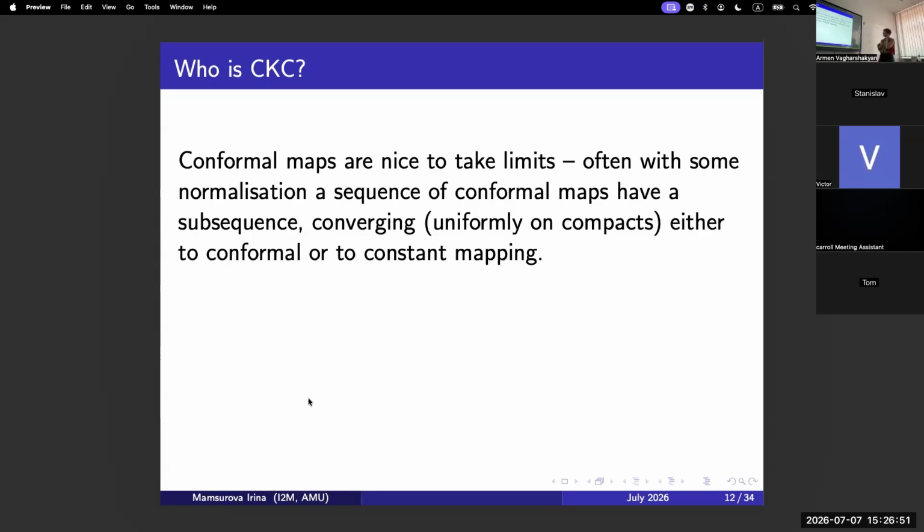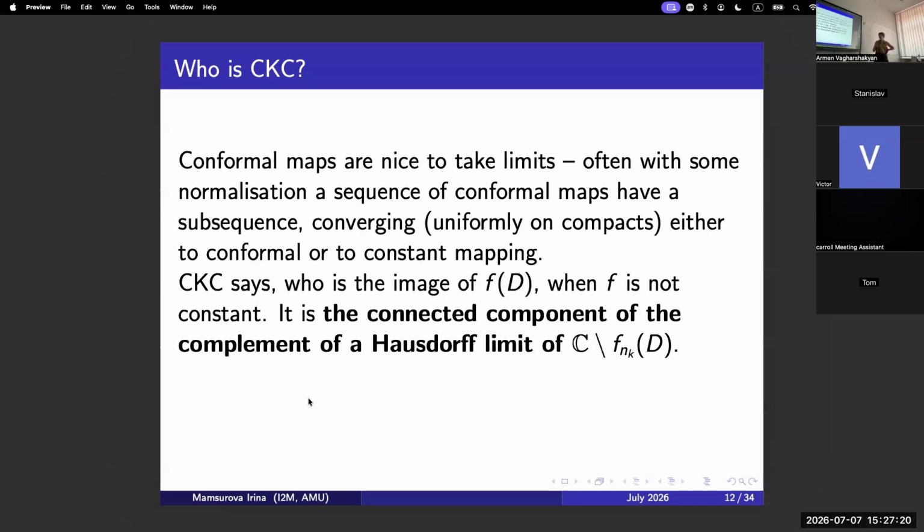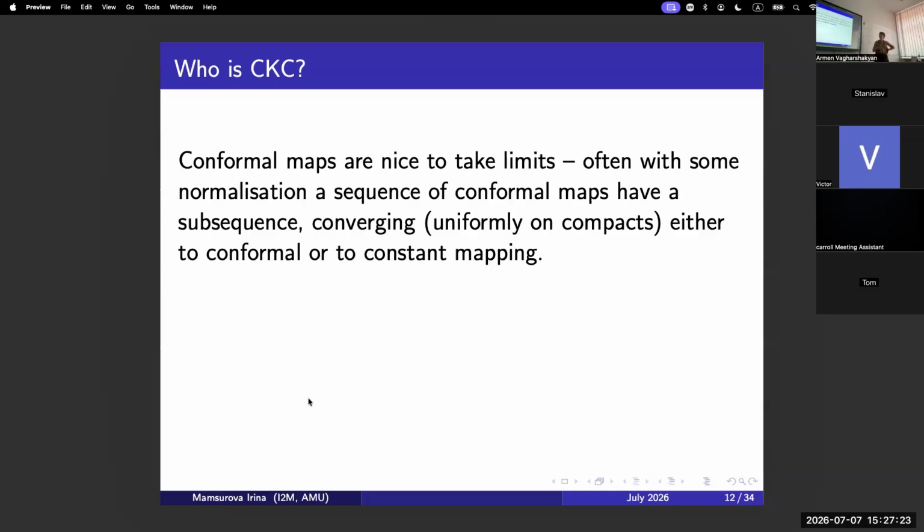Usually we can normalize everything and then choose a subsequence of the original sequence which converges on compacts. And it's not the same limit for different subsequences. Also, this limit, if it's not constant, is conformal.